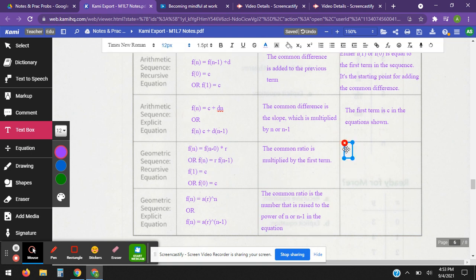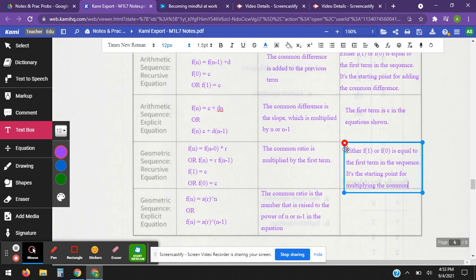All right, so how do we use that starting point now? For f of 1 or f of 0 is equal to the first term in the sequence. It's the starting point for multiplying the common ratio.